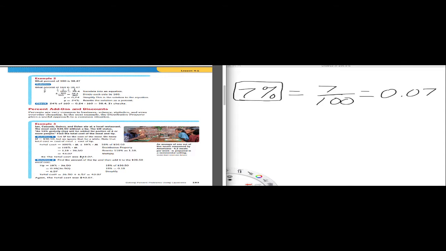So what's the total cost going to be? It's going to be the 100% of the meal cost plus the tip, which is 18% of M. We add those together and we get our final cost, which would be 43.07.